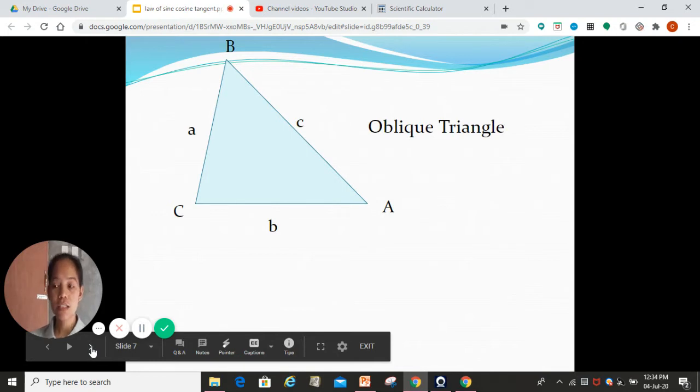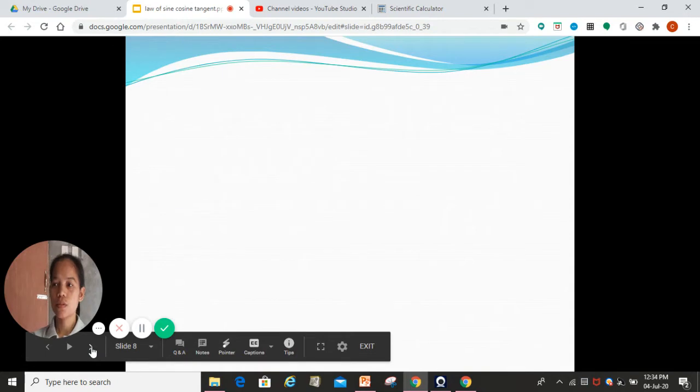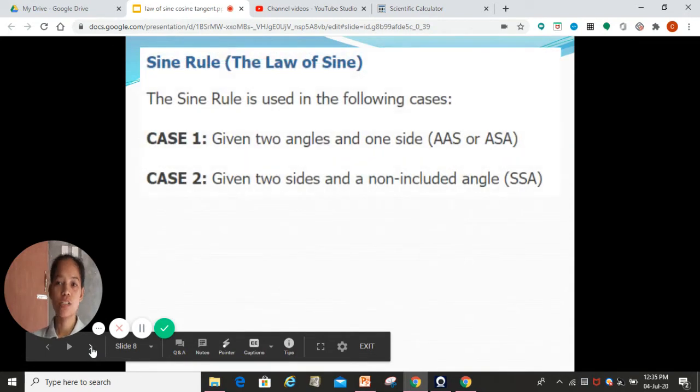Still, the pair of an angle and the opposite side, and another angle and the opposite side of it, is very important in solving an oblique triangle. But this time we can't use the SOHCAHTOA. We can't apply that. There are other laws that we can use here, first of which is what we call the sine rule.